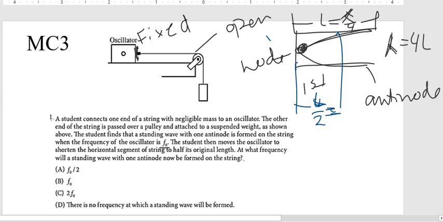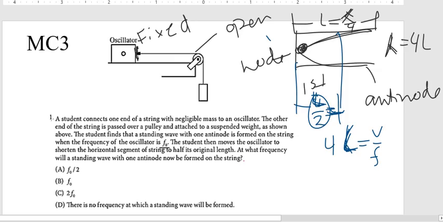I already have half of the L right here, so I'm not going to go through and do all that. You know that wavelength, this is on the equation sheet, equals velocity over frequency. So I could just change my lambda to 4L.